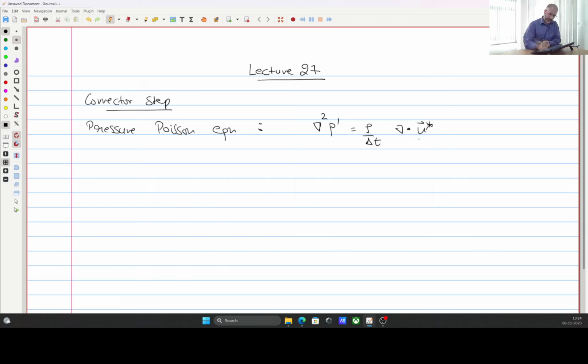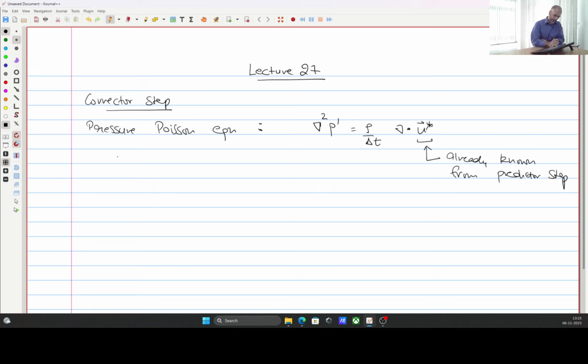And this U star is already known from the predictor step, the step number 1. So U star vector, in our 2D discussion, has the components U star, V star.